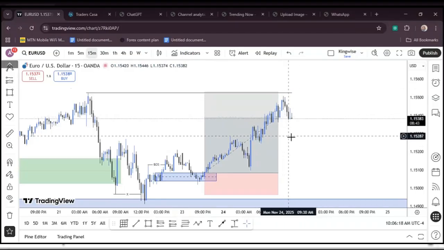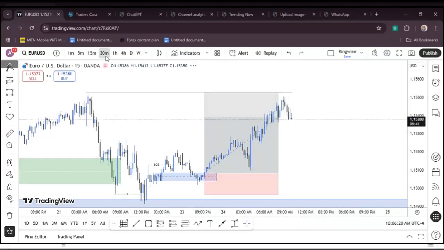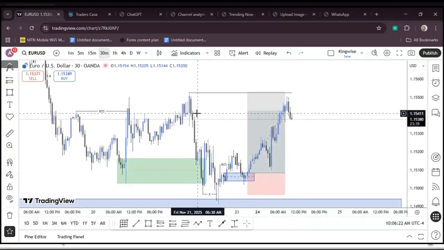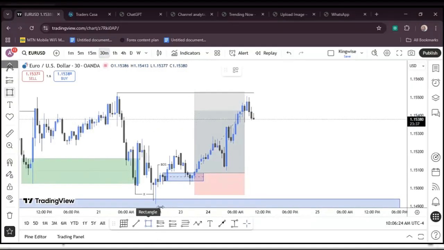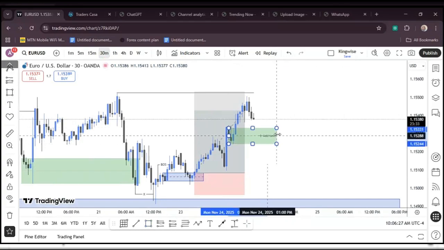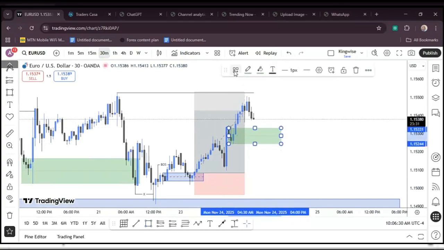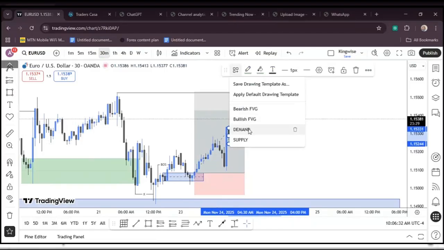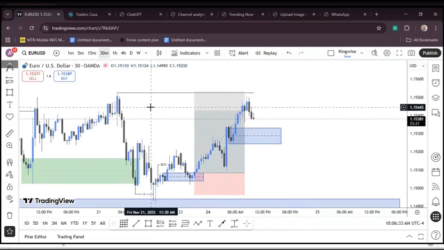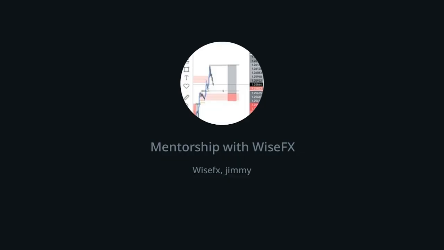So we don't know what price is doing, but I think price is trying to retrace into this zone, which is a demand zone. After this break of structure that we had, this is the last candlestick before that massive move to the upside.